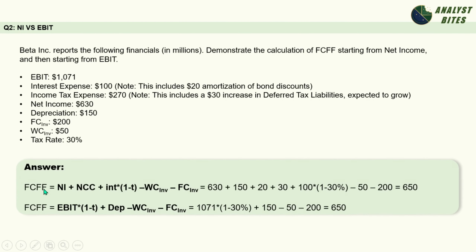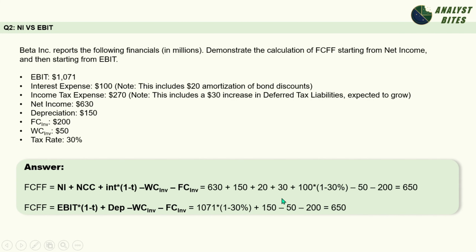Alright, now let's start from net income. Since it's at the bottom, all non-cash items have already been deducted, so we need to add all three NCC items back. Depreciation of 150 plus bond amortization of 20 plus DTL increase of 30.